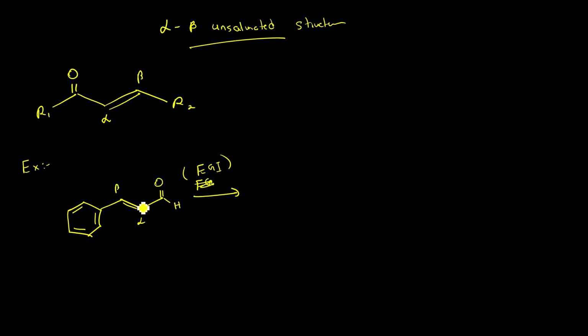Let's move on. Here what we are going to do is, we are going to introduce an OH group to our beta carbon. We are going to introduce an OH group here to this carbon. Now you may think, why do we have to introduce the OH group into this particular beta carbon?